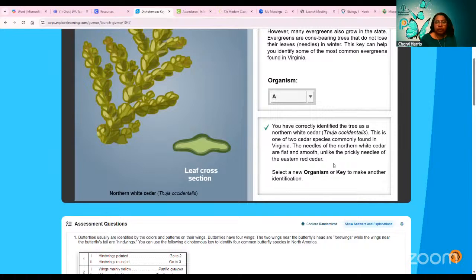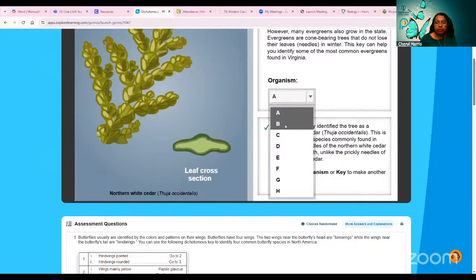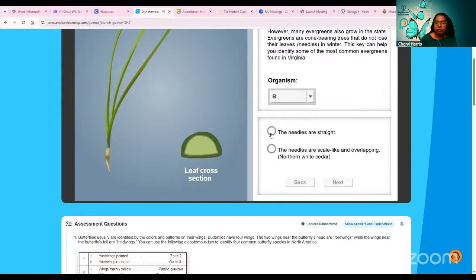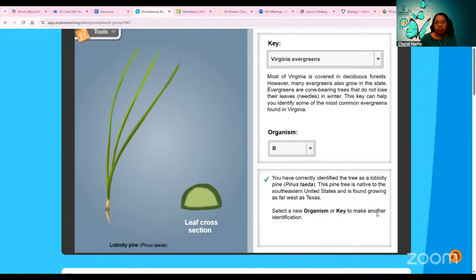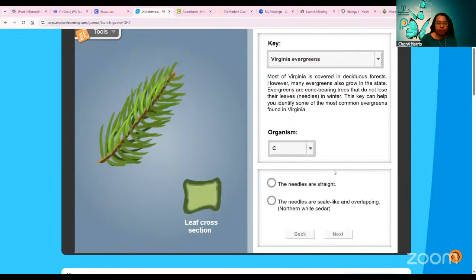All right, that one was short. We have a lot of these here in Georgia. There's our Christmas tree.